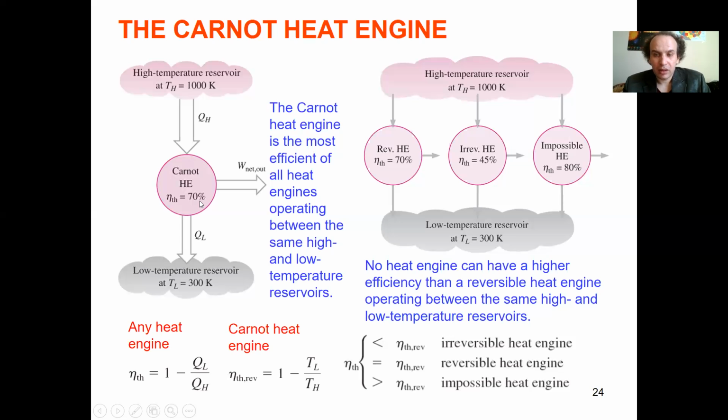So if it's 70%, it will mean that it's reversible, right? If its efficiency is like say 45%, it's okay, it may be irreversible. If you find that its efficiency is 80%, believe me, you did something wrong, it's impossible.